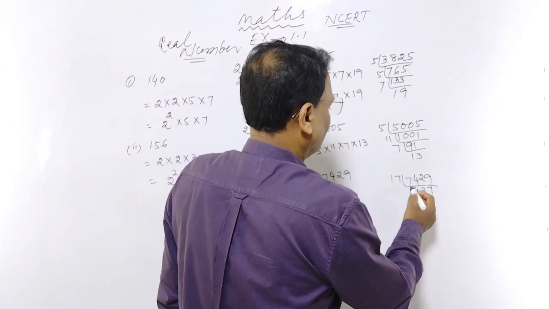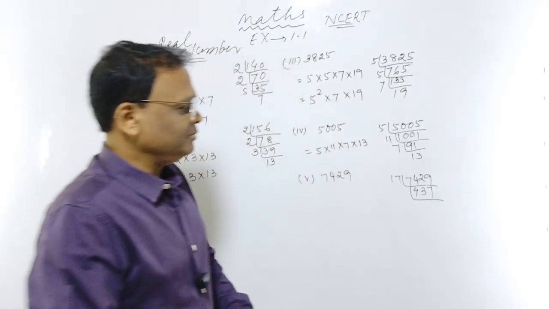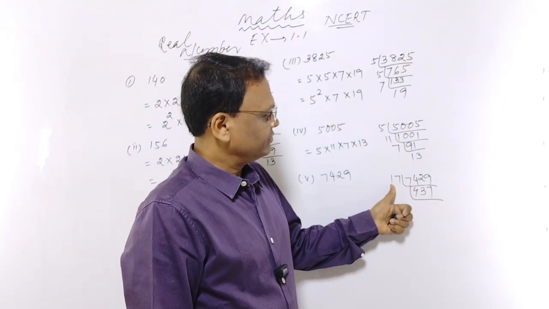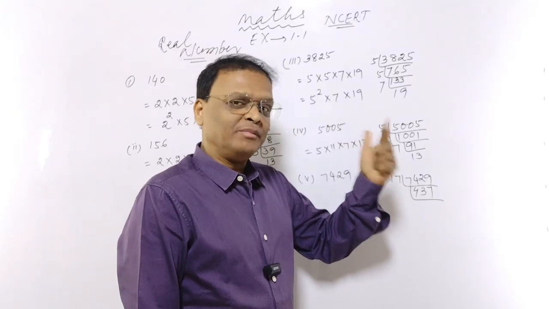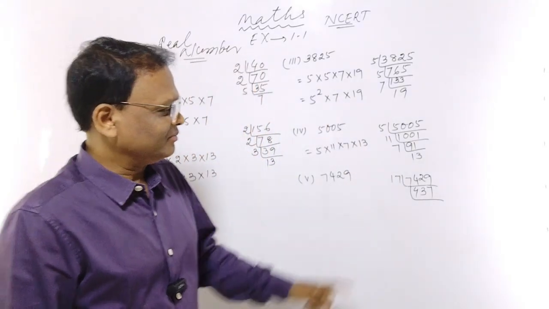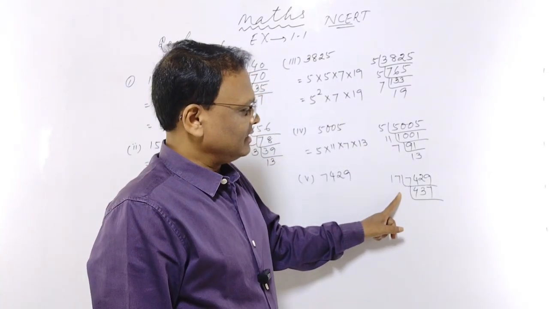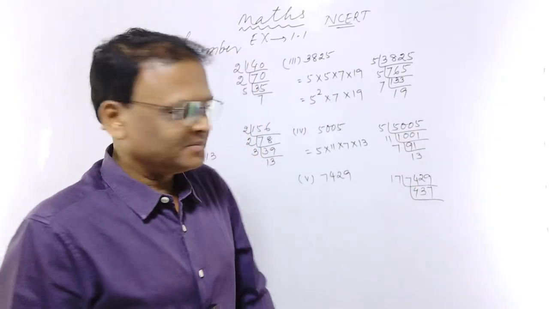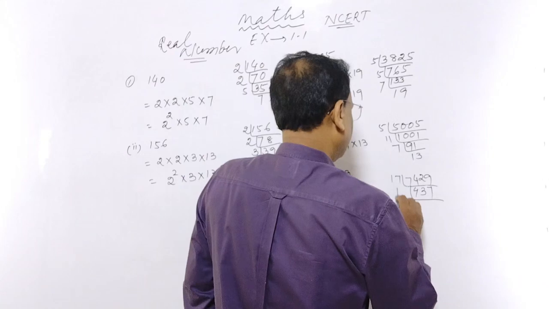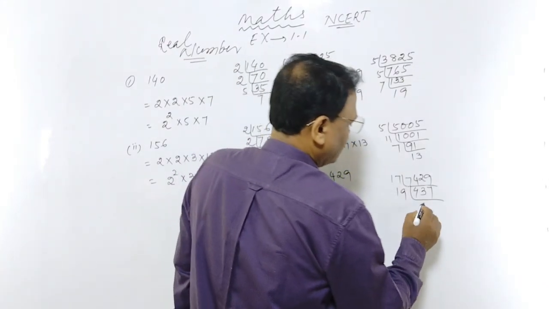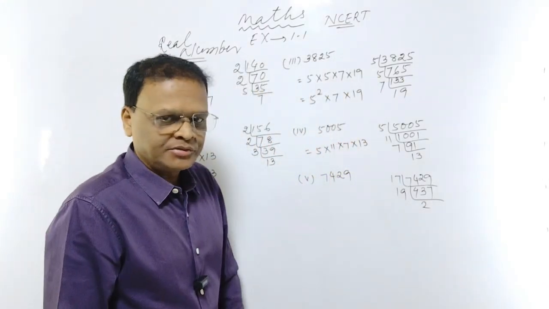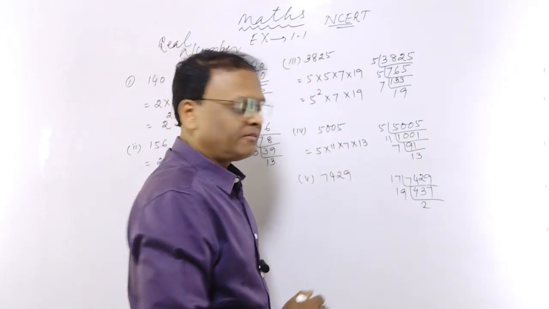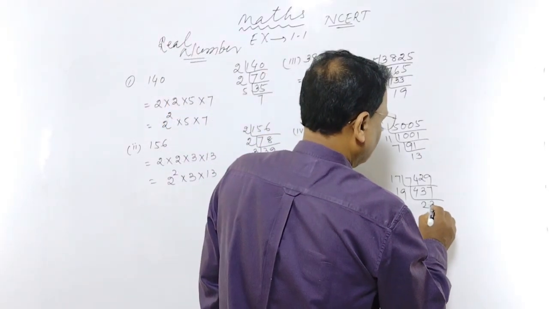Okay, let's see what further. Now you think which number it will be divisible by. It is divisible by 19. See, if I start with 19, 19 2s are 38. 43 minus 38 is 5, which becomes 57. 19 3s are 57.